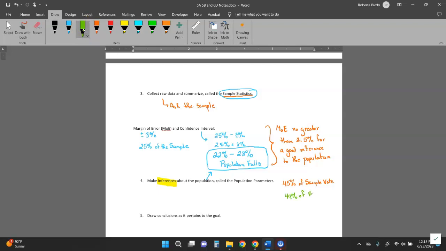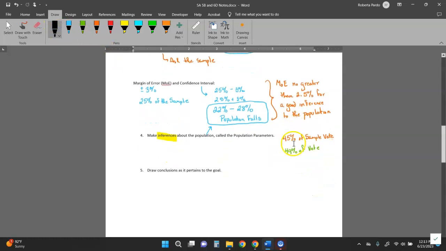We can put this on a number line, and let's say that the margin of error is plus or minus 5%. Here's 40%, here's 50%, here's 60%, just for the sake of a rough sketch.